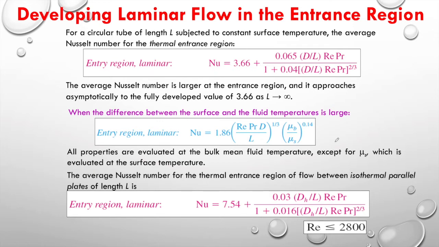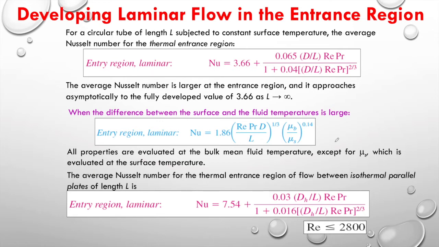There is a developing laminar flow, an entry length of the laminar flow. But in constant surface temperature, we have to take a look at the laminar flow for the entrance region, and then at the turbulent region. The equations are totally different.